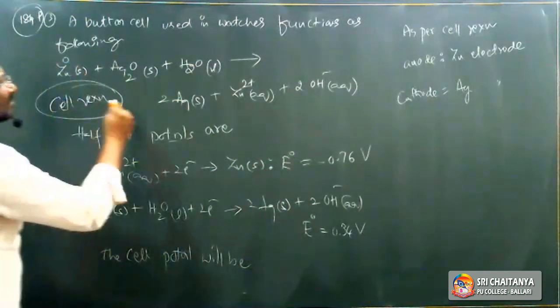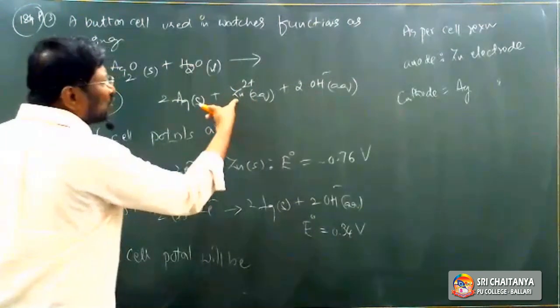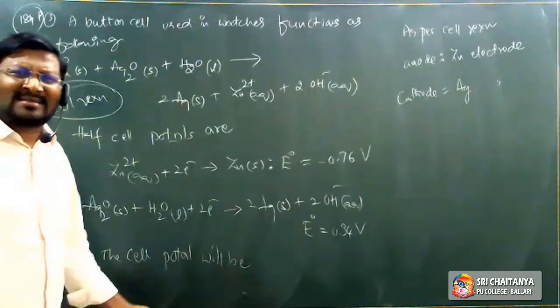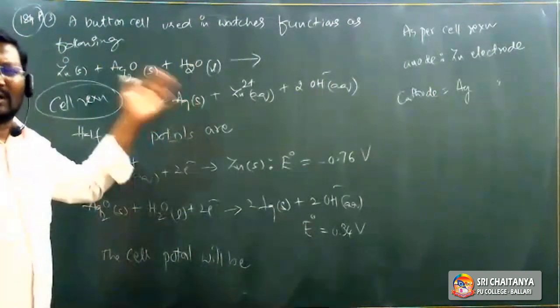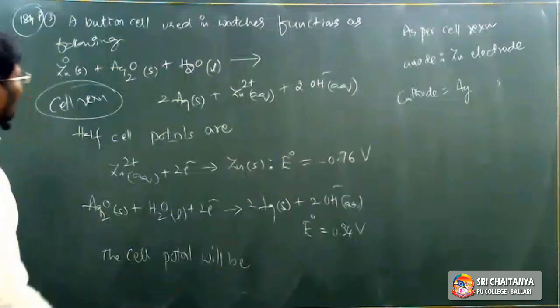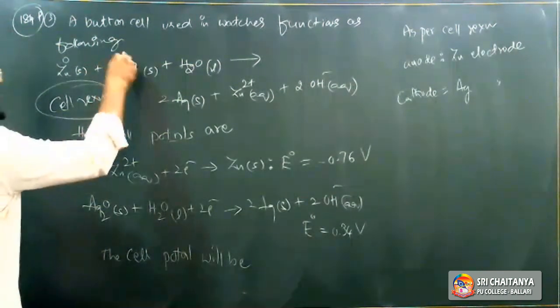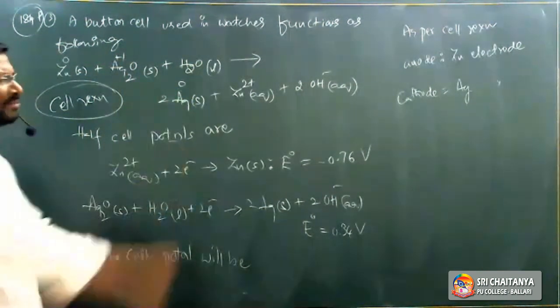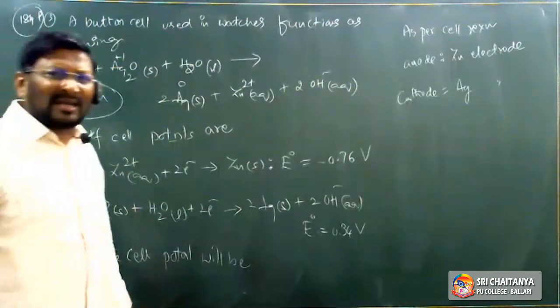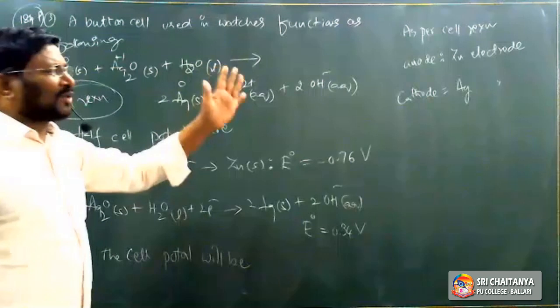Zinc goes from 0 to plus 2. Increase in oxidation number is called oxidation. Therefore, the zinc electrode is acting as anode. Next, silver is plus 1 in the oxidation state and goes to 0. That is reduction. So the silver electrode is cathode.